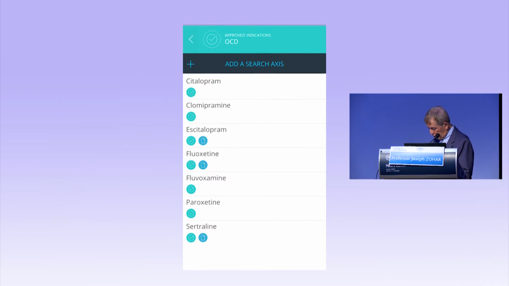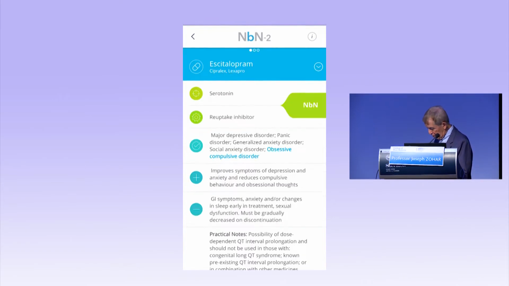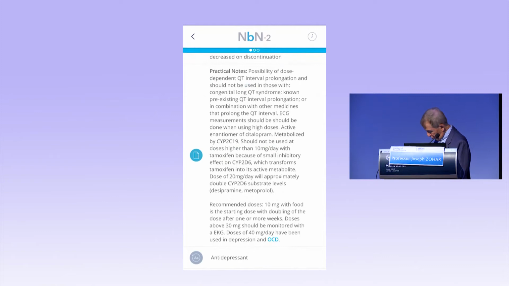Let's say we touch on one of them, citalopram, and then you get the pharmacology, mode of action, indication, and since we are focusing on OCD, you see that it's in a different color. Then you see the efficacy, you see some of the side effects, and then in the practical note you see a reference to QT interval prolongation, and also the dose recommendation.